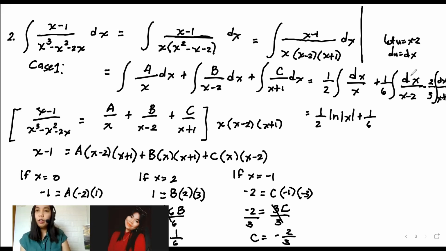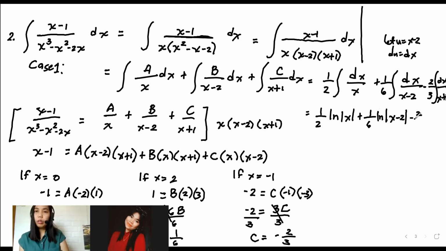Therefore, we have the integral of du over u, and the integral of du over u is ln absolute value of u, our u is x minus 2.